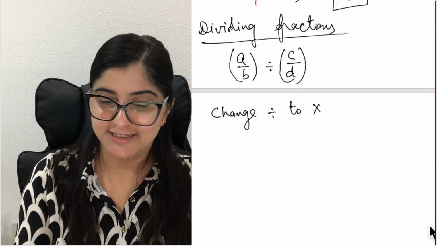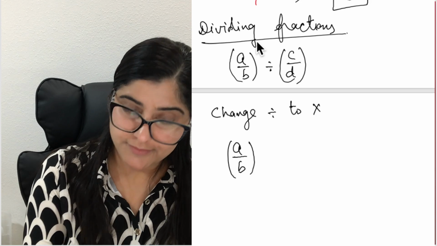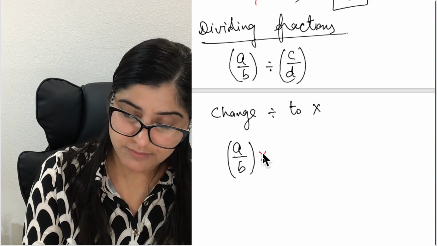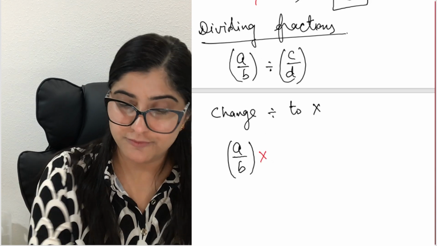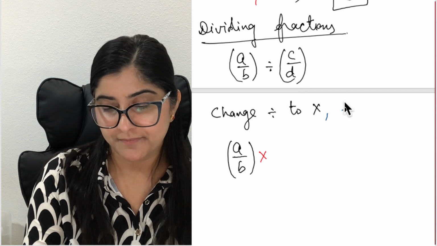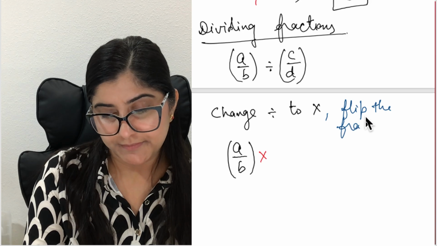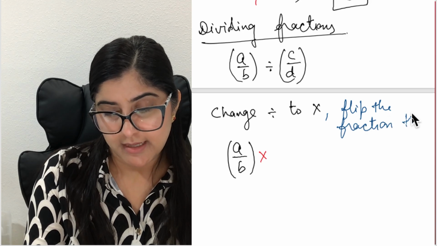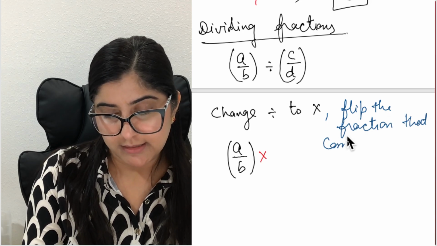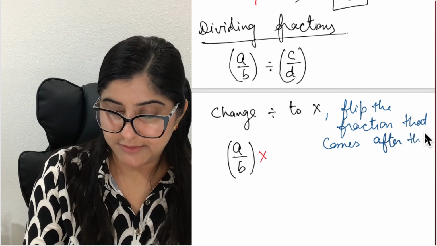Otherwise it is multiplication, right? So what is the other thing that we have to do when we change the division sign to multiplication? We have to flip the fraction that comes right after the division sign.